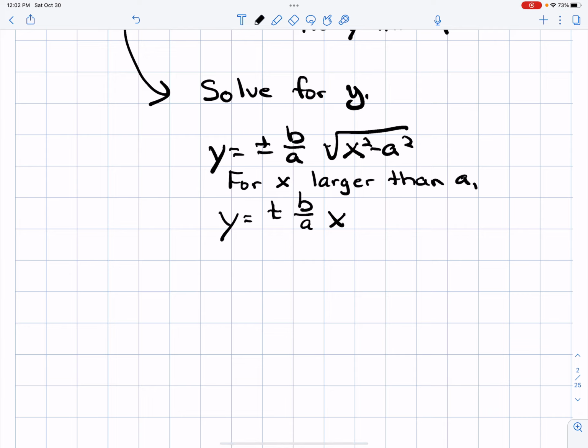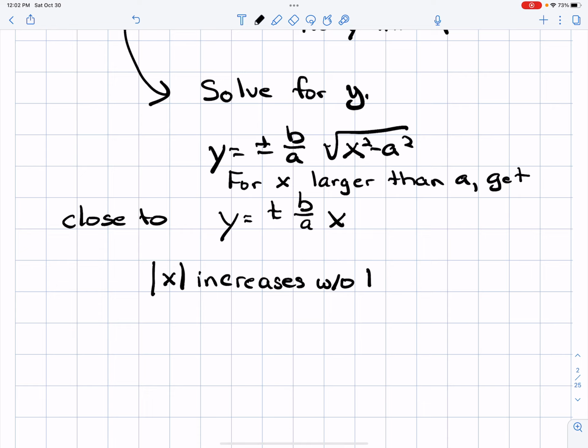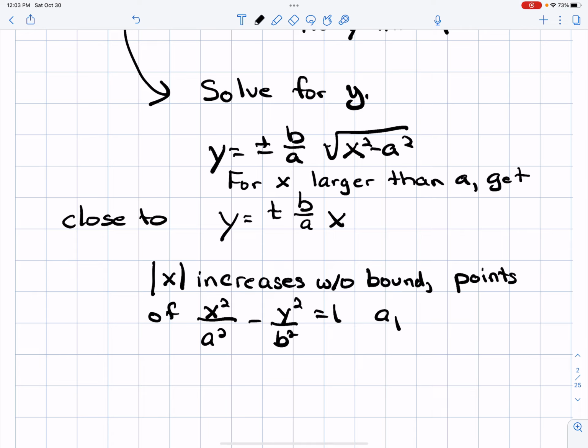So for x larger than a, you're going to get close to, but not touch, that. So in your book, they'll say, as the absolute value of x increases without bound, points of x squared over a squared minus y squared over b squared equals 1 approach the lines.